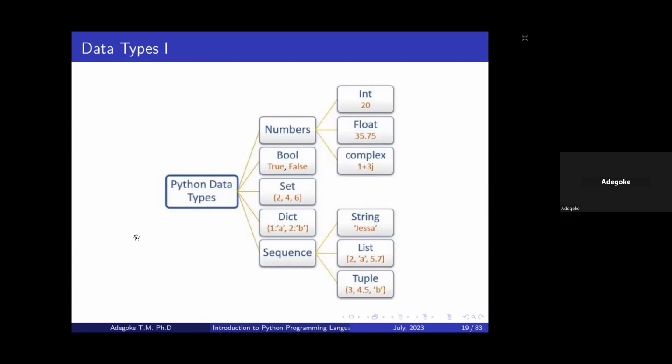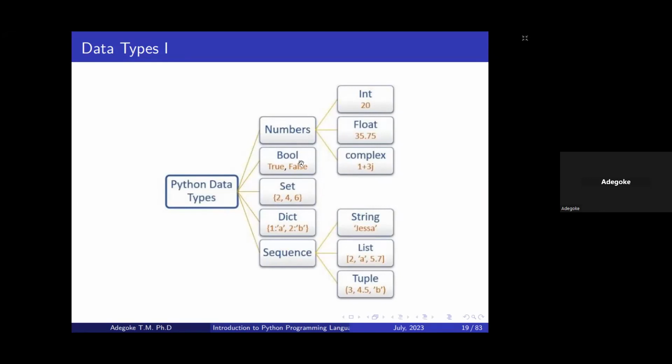So we have different data types, be it in data analysis, but we need to know the different data types. We have numbers. Under numbers, we have integers. Integers are numbers that have no decimal point. We have floats. Floats are numbers with decimal points. We have complex numbers. So for people in mathematics, they know what a complex number is when they are talking about vectors and all the rest. So we have another data type called Boolean.